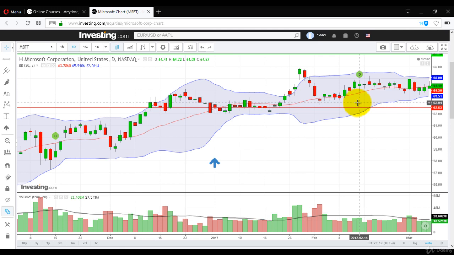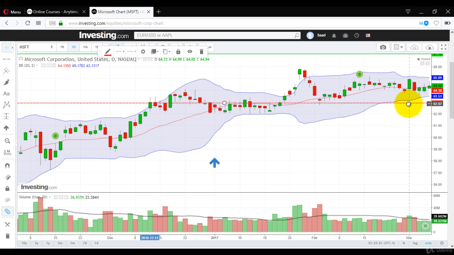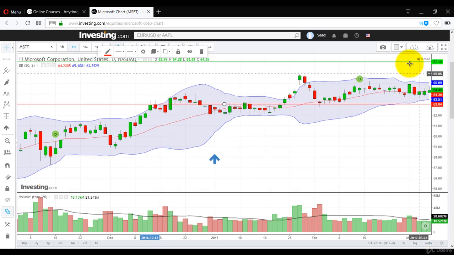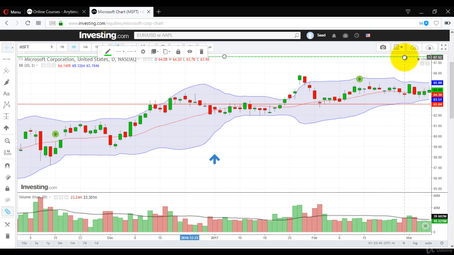So we keep on increasing it on expiry, and we get to keep a good profit, because this red line is still below the Bollinger Band. We can even increase it further up, to 63. And we can even increase the top one from 66 to 66.50, 67.50.